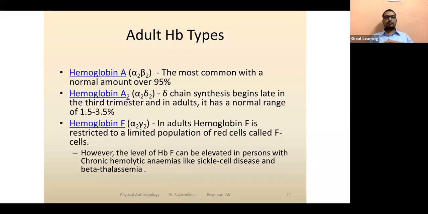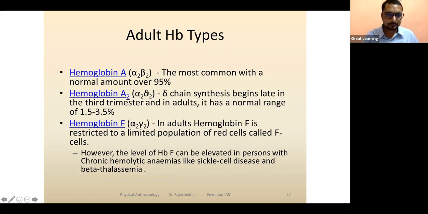Okay, so what is the composition? For A1, it is alpha 2, beta 2. Write down the composition here in one column. Alpha 2, beta 2. That is for A1. A2 composition is alpha 2 and delta 2. So alpha is common, right?